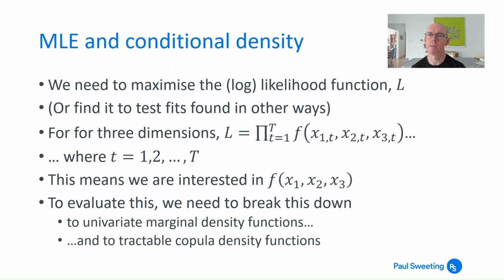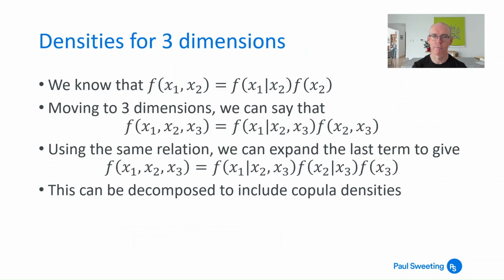In terms of the function we're interested in, that is essentially f of x1, x2, x3, because we're not usually going to be able to evaluate this straight off, but we have more of a chance if we can break it down into its component parts. Those component parts are univariate marginal density functions and some tractable, workable copula density functions.